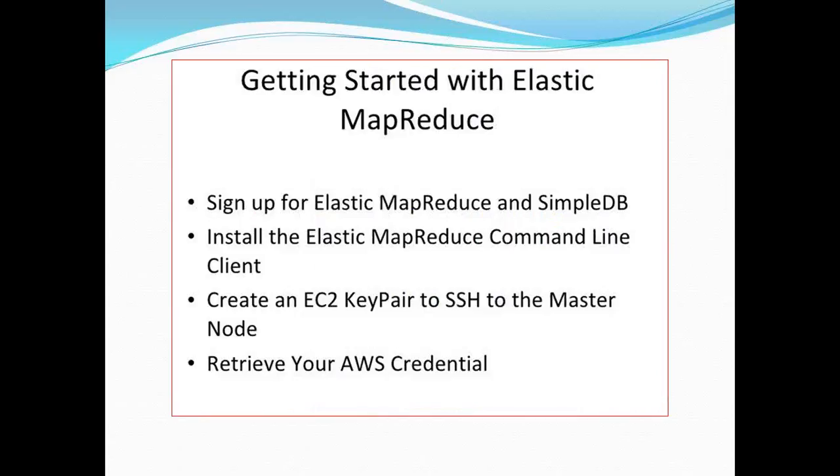Some of the simple things that you will do when you go for an Amazon cloud-based setup: you'll have to sign up. First, create an Amazon account, do a sign up, and it shares Amazon specific key pairs with you. That is something that you will have to configure.